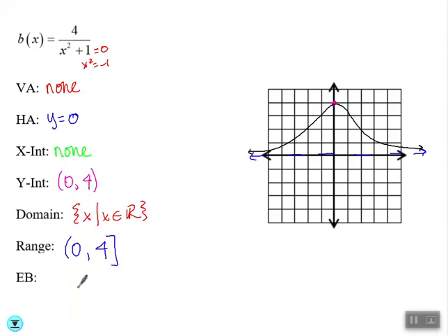So I'm going to write my range in interval notation for this problem just because it's a little bit easier. If you want to write it in set notation, go right ahead. Then our end behavior. As x approaches positive and negative infinity, b of x approaches the horizontal asymptote on both ends, which is 0.